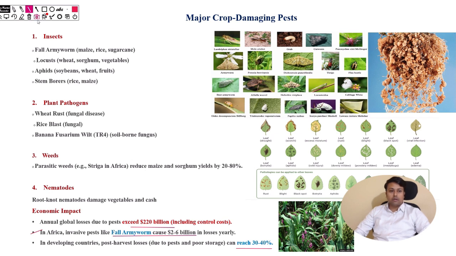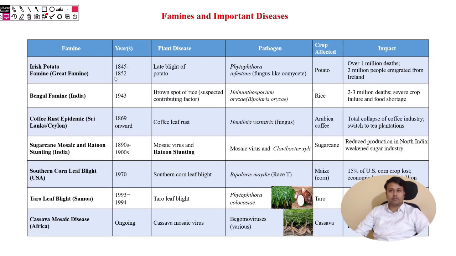We have to reduce these losses to feed the growing population, because land is limited and the available land is not sufficient for the growing population. Hence we have to reduce crop losses.